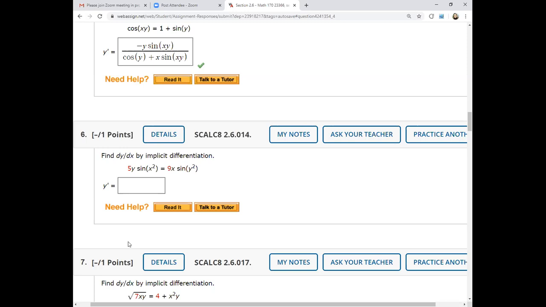Okay, so this is minus 9 sine y squared equals, we have 5 sine x squared dy dx.